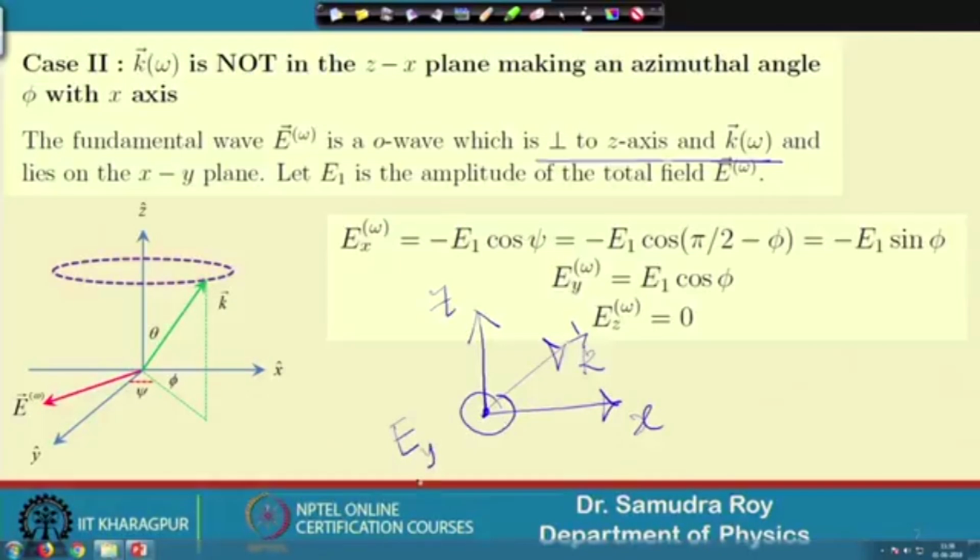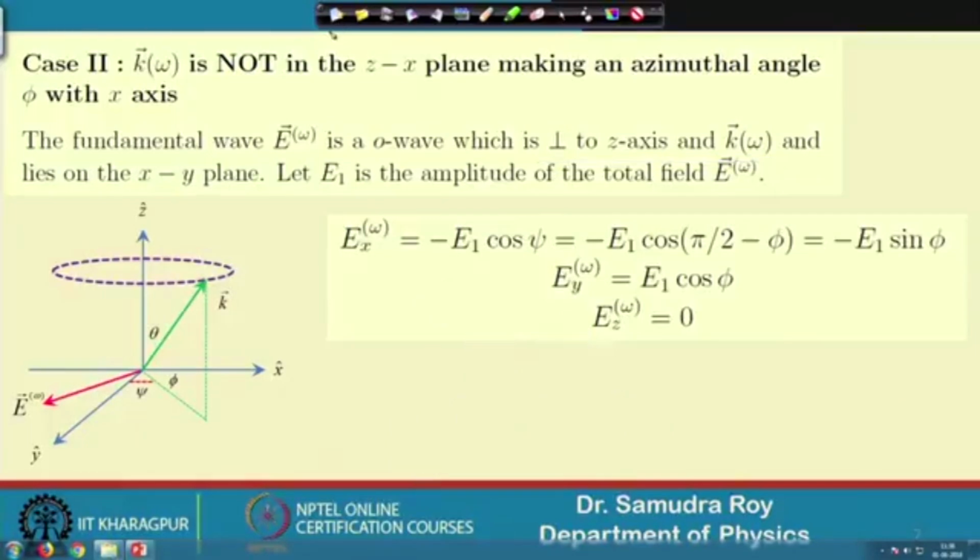Case 1 we have studied, but here the situation is slightly different, because if I want to find out the direction which is perpendicular both to z and k, that means we need to find the direction which is perpendicular to the entire plane containing z and k.